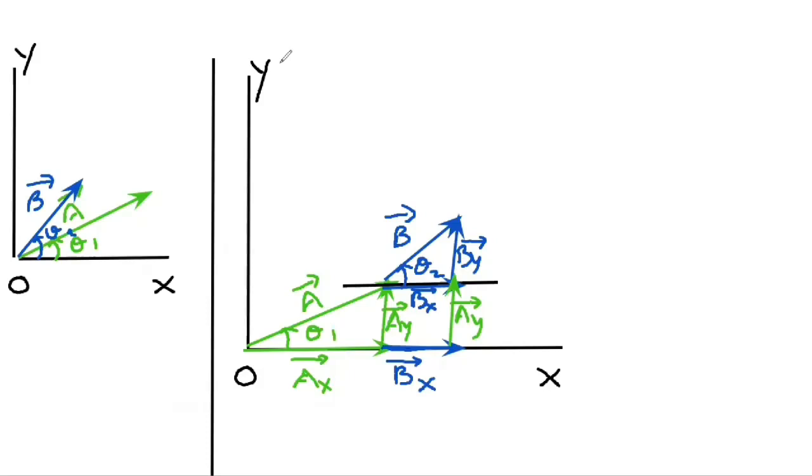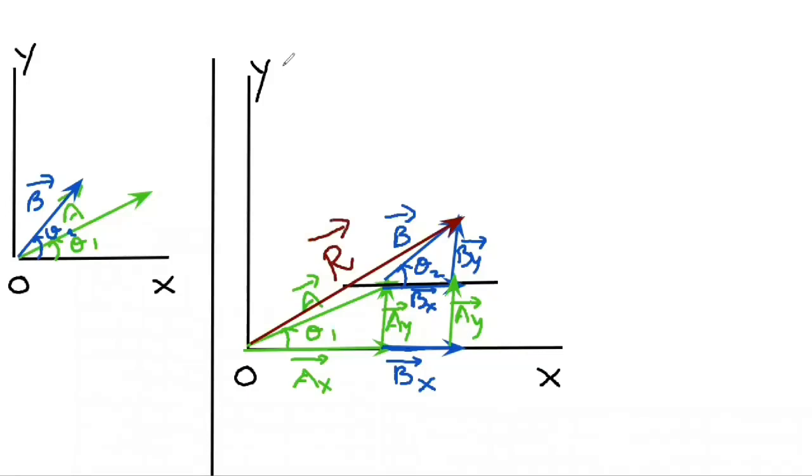So what is the resultant of these two vectors, vector A and vector B? Let us draw the resultant vector R, which is directed from the tail of first vector A to the head of second vector B. This vector R is called the resultant vector of A and B. What is this?